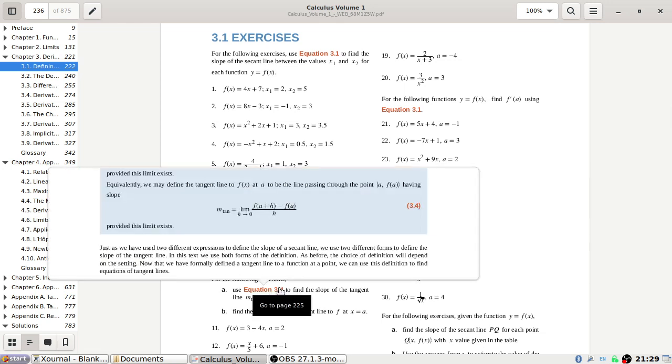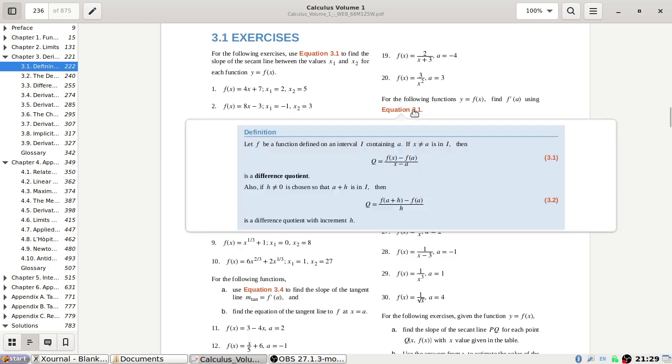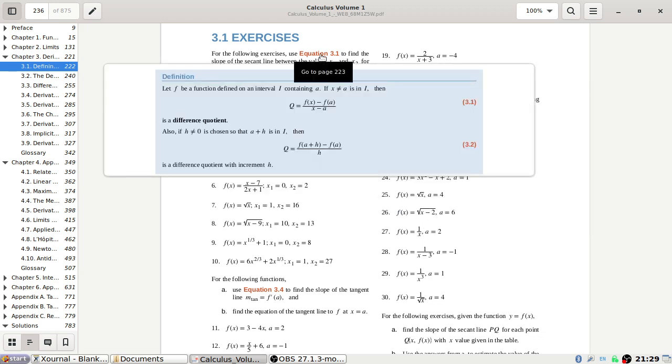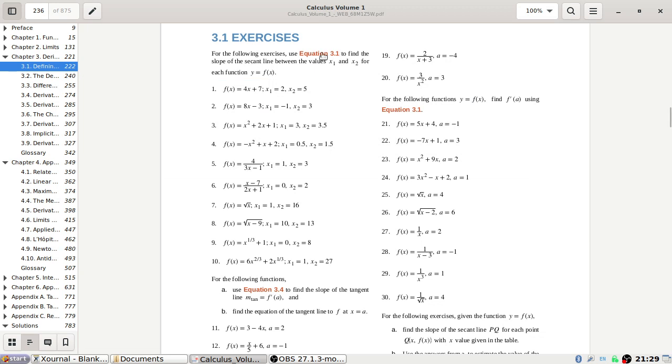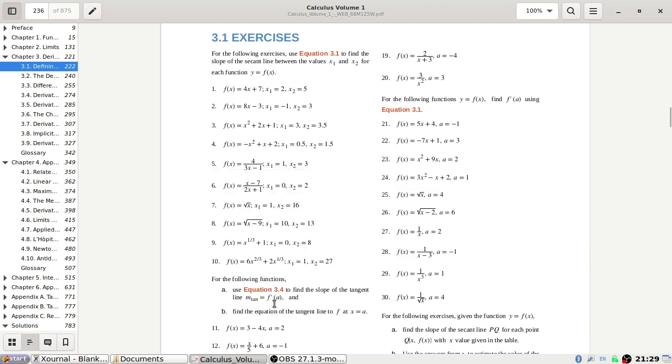So I'm confused. Did they mean to say use equation 3.4? Because you see here, equation 3.1 to find the slope of the secant, that's for the first few we did. And then 3.4 comes up for getting the slope of the tangent and the equation of the tangent line.